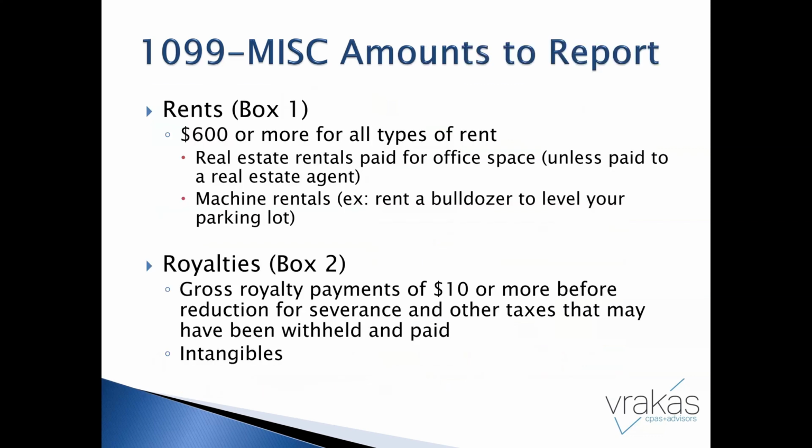And so just kind of going through some of the boxes, as I mentioned, box 1 would be rents for the 1099 miscellaneous. This is for rental income, or expense, I should say, for not only an apartment building, but it could be if you're renting a piece of machinery to do some landscaping, that is considered rent.